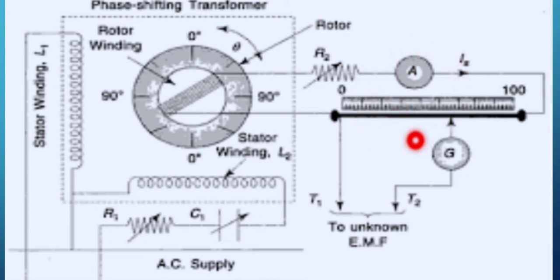Any potentiometer, before being used for measuring the unknown voltage, goes through standardization first. Before operating with the unknown voltage, we pass a known voltage through this potentiometer, and the working current is preset.